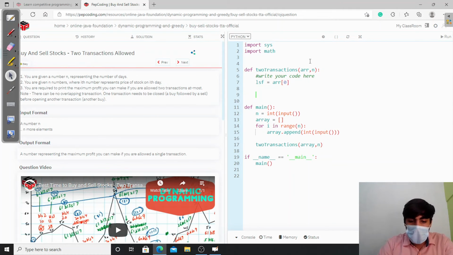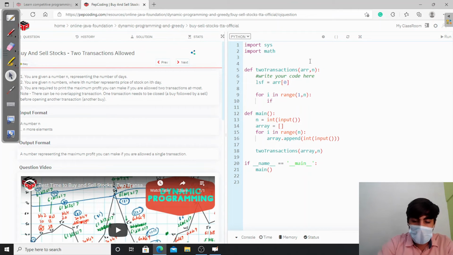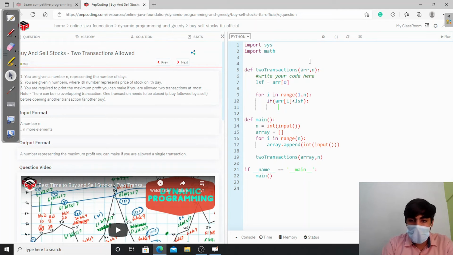Now I write a for loop in range of 1 to n. Okay, now what I am checking here, the first condition is if today's price is less than least so far, then what will happen?